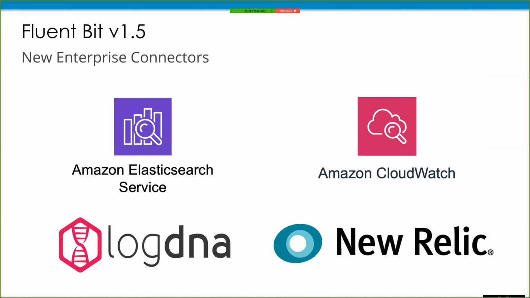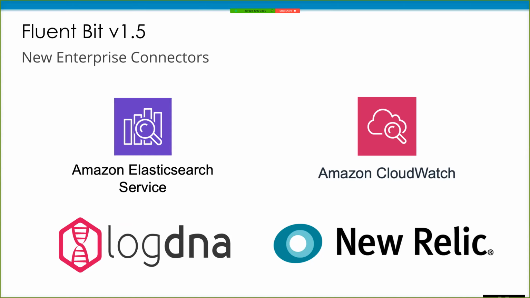Another big news on this is the ability of new enterprise connectors. And I want to reinforce that enterprise connectors are connectors that are contributed by, or that we work jointly with, companies to create for specific services, for these companies but also for their own customers. So in this new version, we're officially launching Amazon support, also the support for the Amazon Elasticsearch service.